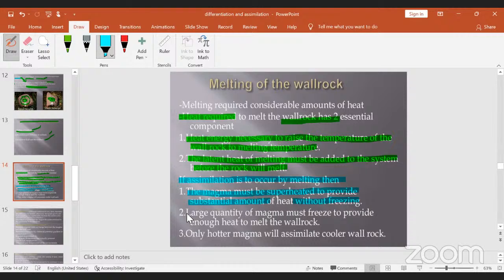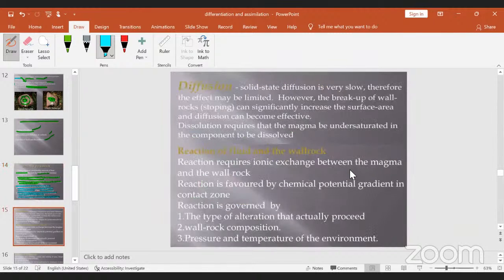And next, a large quantity of magma must freeze to provide enough heat to melt the wall rock, right? And third, only hotter magma will assimilate cooler wall rock. So these are the melting of the wall rock processes.